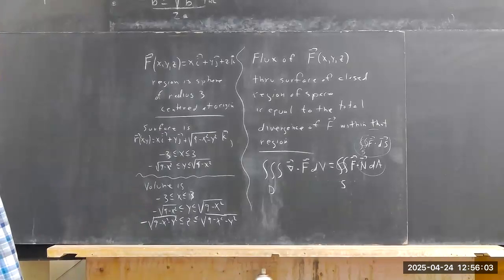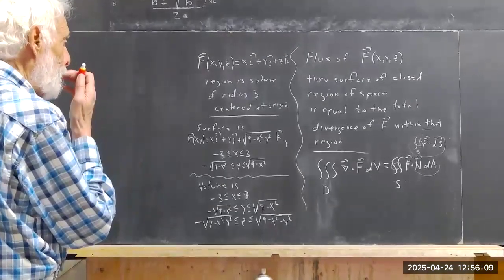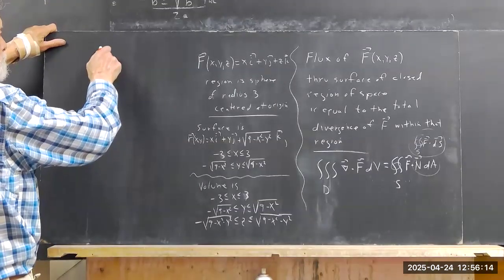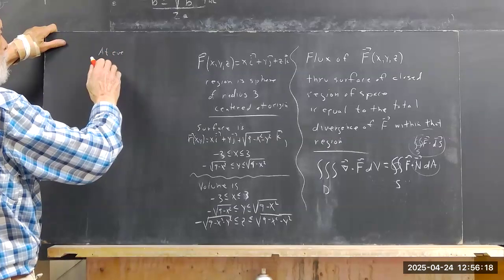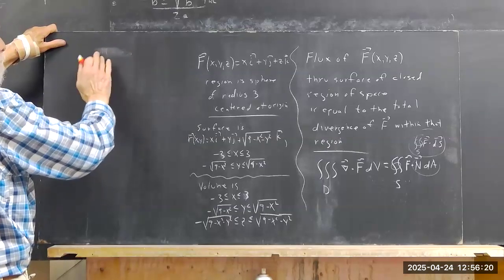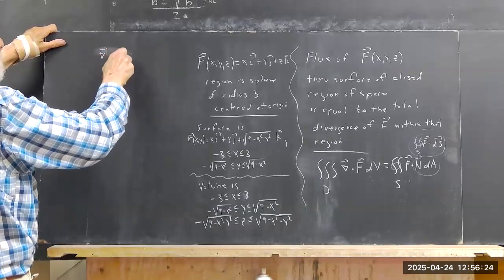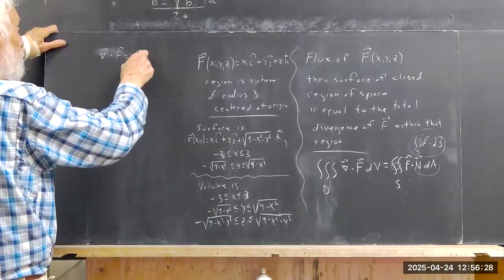So there we have it. Make sense? Well, then, del dot F is just 3.